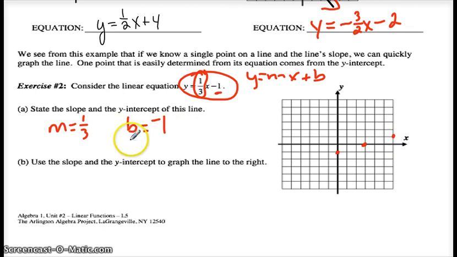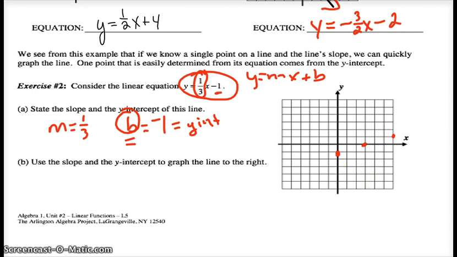So here's where I was telling you in prior lessons that b in y equals mx plus b is the y-intercept. But the nice thing about it having a b is that's where you begin when you plot a line. You begin at the y-intercept and then use the slope to plot the several other points. So we begin at -1 and then we went up 1 over 3, up 1 over 3.